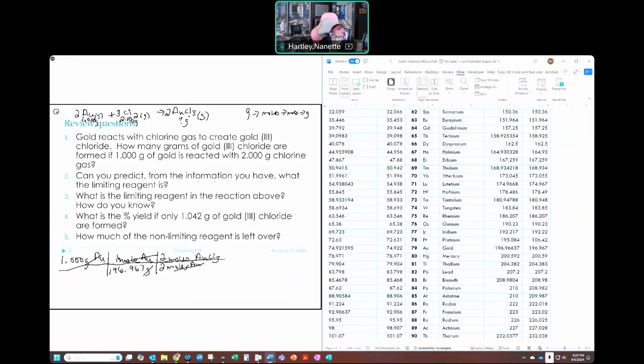Okay. And then for each mole, 1 mole of AuCl3, the mass of that AuCl3 I need to calculate. So my mass of AuCl3 is going to be based on the mass of the Au.